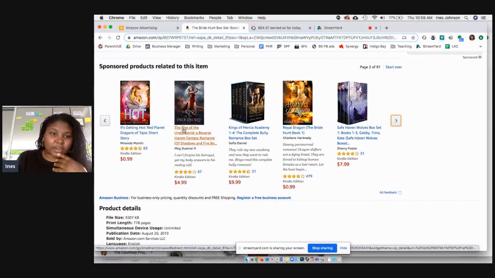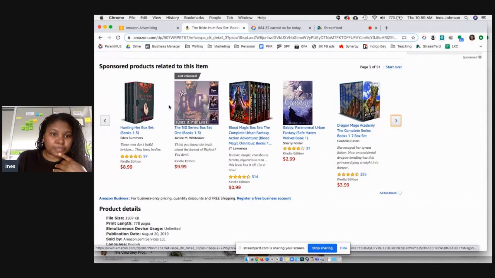I've got a lot of these people, but I would just keep looking at these guys for more potential authors who would be similar to me. Again, I stay away from academy books. I stay away from urban fantasy books for this particular series. I stay away from reverse harem for this particular series because those readers are looking for a specific experience. My book about dragon sacrifice in the modern day is not going to fulfill their desire.